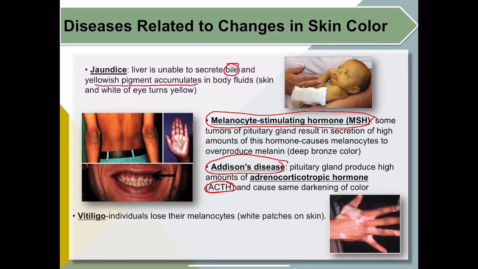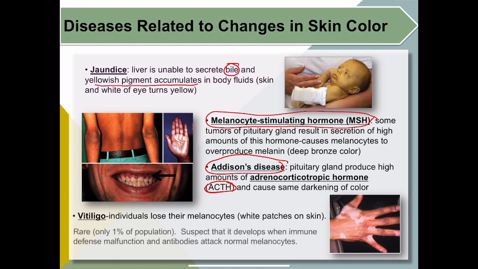All right. So when individuals lose melanocytes, now this is different from albinism, what I was talking about earlier. Albinism is a genetic condition that usually comes from a mutation that causes the melanocytes to not produce melanin correctly.